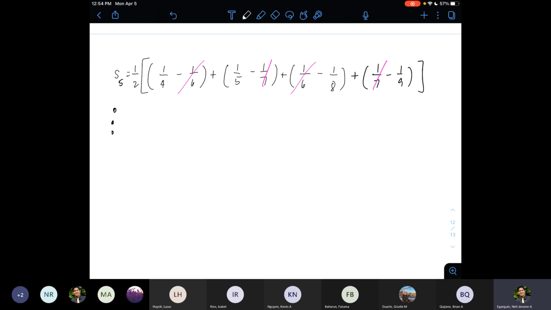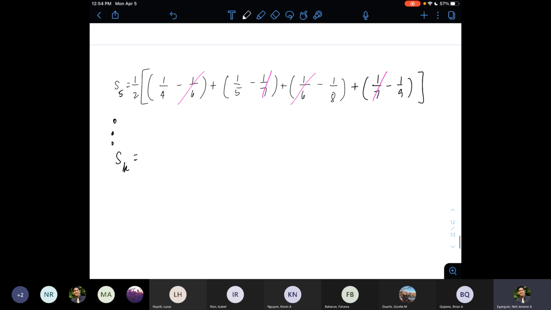Maybe I'll expound on deriving this pattern, but I hope it's clear that when you have Sk, the k term, again, it looks like 1/4 will remain. It won't be canceled, as well as 1/5, because 1/4 and 1/5 would be mainstays. 1/8 will be canceled by the next term, but essentially it looks like we will be left with two negative terms.